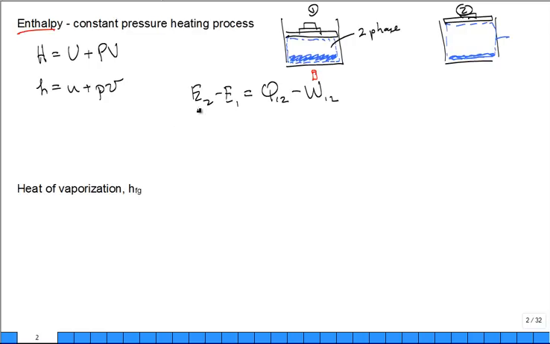We expand the total energy into internal, changes in kinetic, and changes in potential energy.